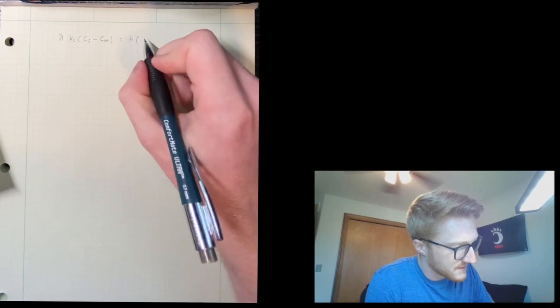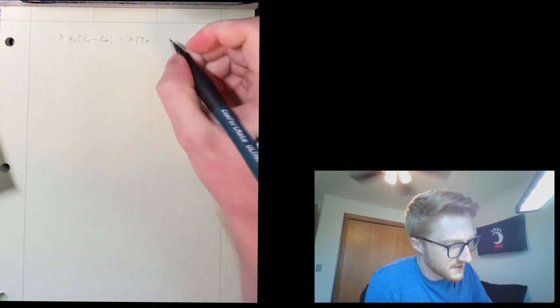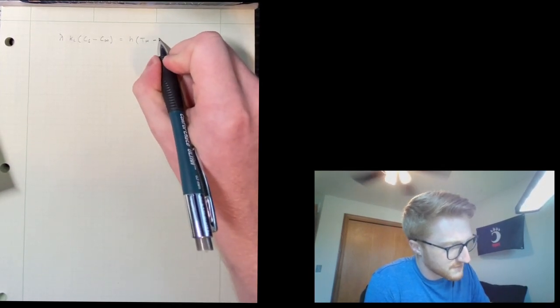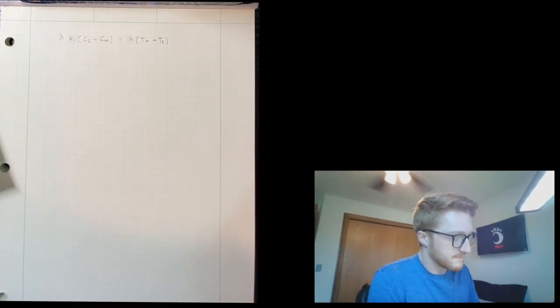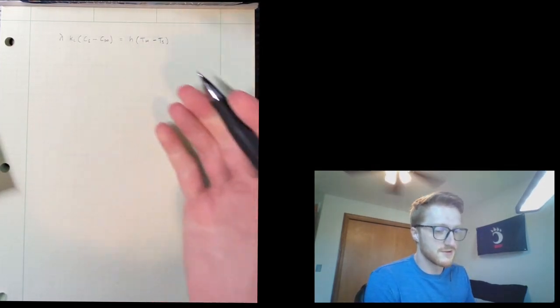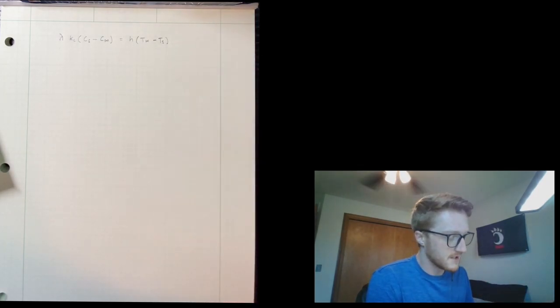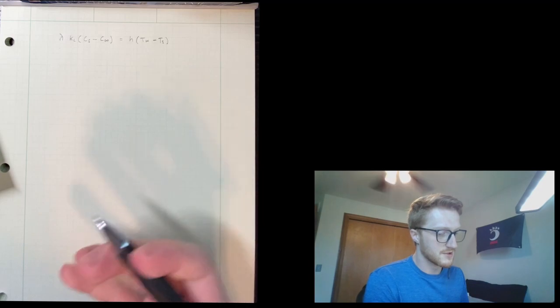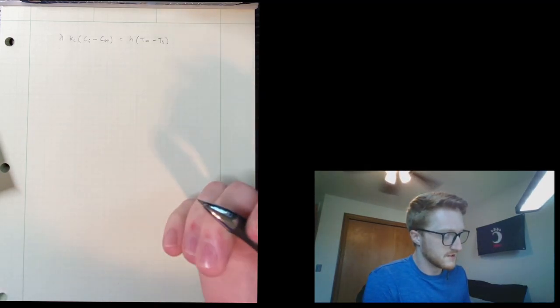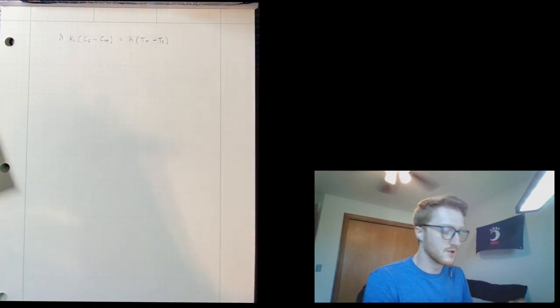So we can write that as T infinity, the temperature of the air, minus the temperature of the surface. This is just the idea that you have to have a heat source to heat the water in order for evaporation to occur, and therefore the wet bulb reads a temperature lower than that of the air temperature.